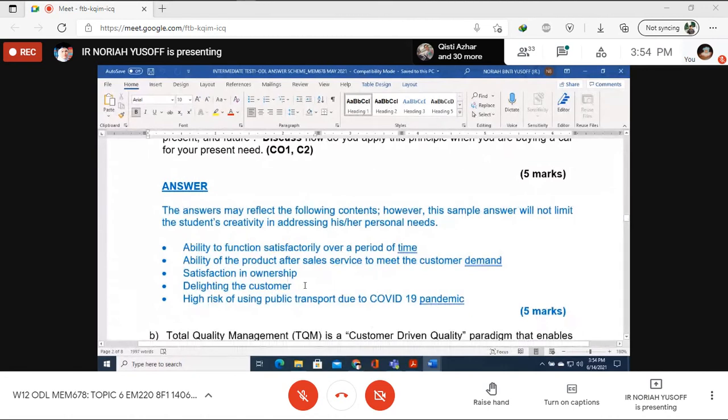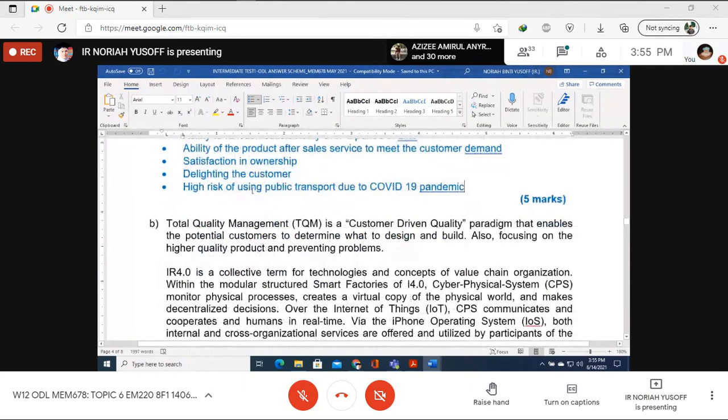And then the ability of the product, after sales service, it satisfies your needs, it delights your needs. And then one more thing I added here: why do you need the transport? You have the absolute reason now because of the pandemic. You cannot take public transport, so you need to use your personal transport. So those are the reasons. If you give these points with explanation, you get 10 marks.